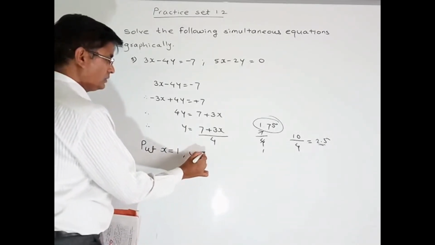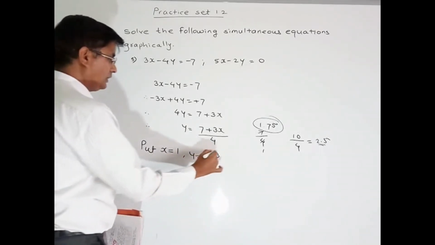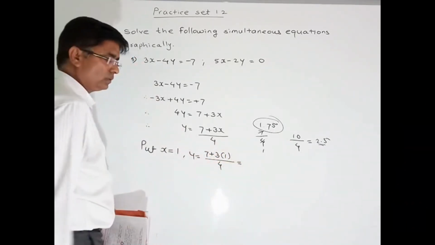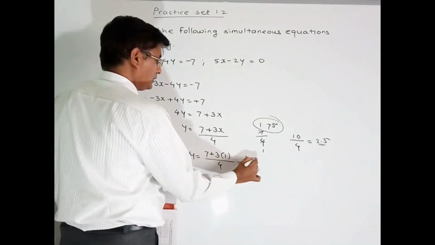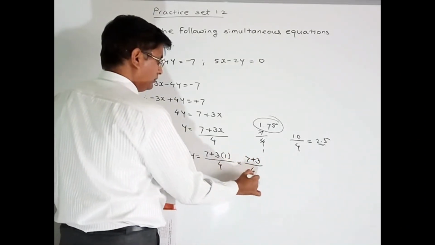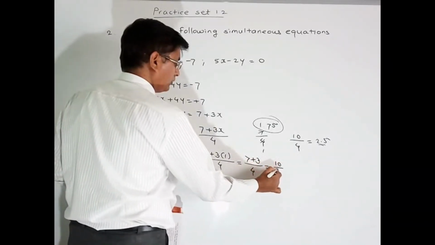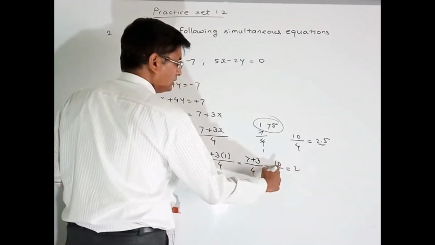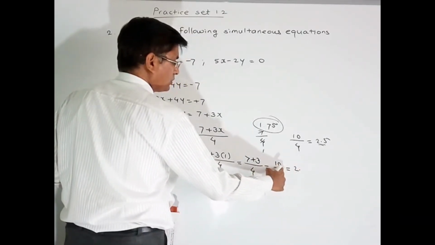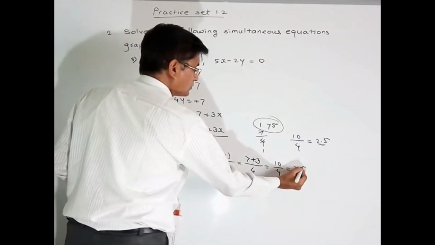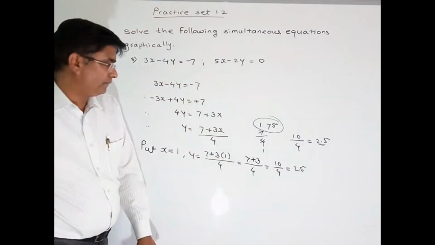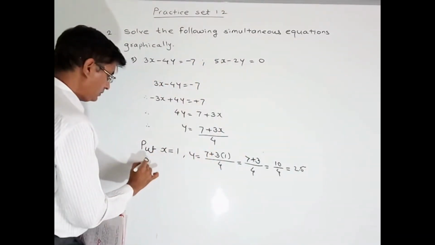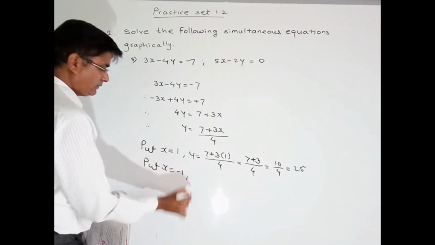Therefore y is equal to 7 plus 3 times 1, divided by 4, is equal to 10 upon 4, so the answer is 2.5.